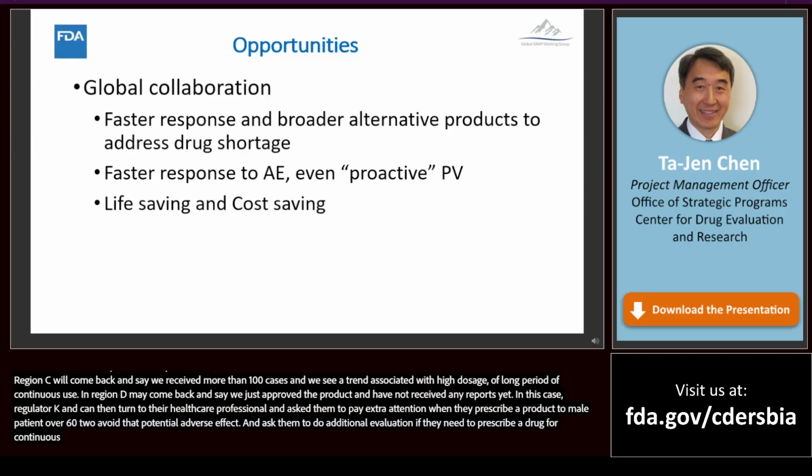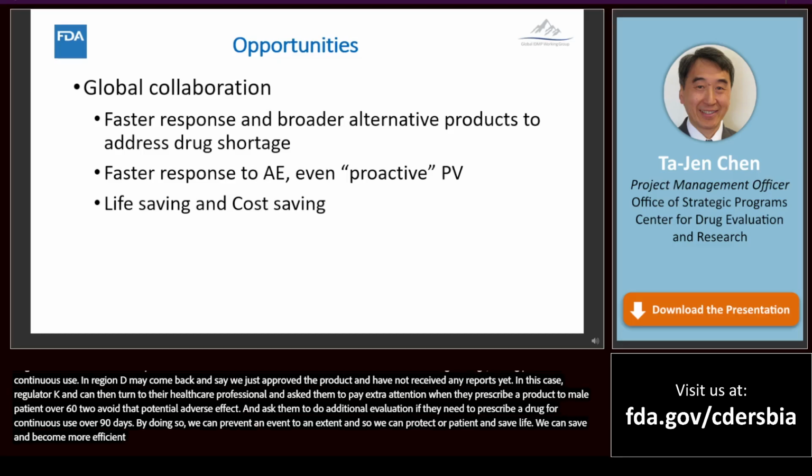So by doing so, we can prevent unwanted adverse events to an extent, right? And also we can protect our patients and save lives. We can also save costs and become more efficient by leveraging the analysis done by other regulators.